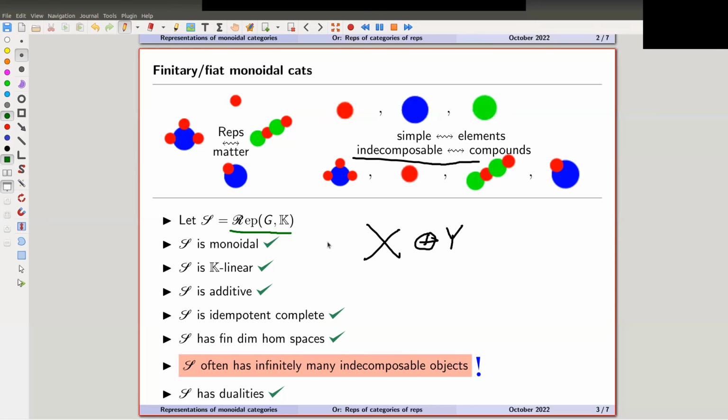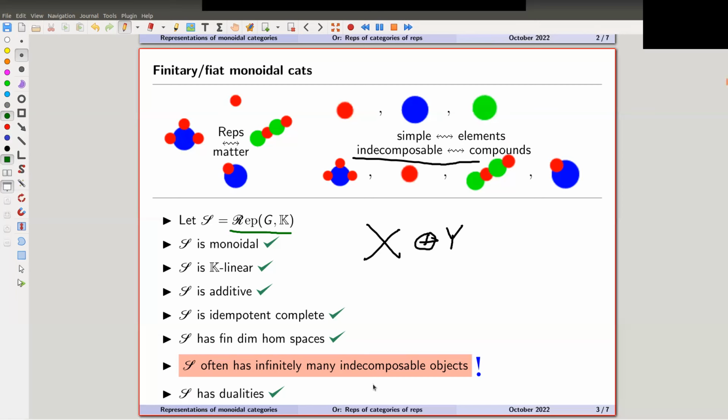It's linear. I just chose a field, right? So it's linear, it's additive, it's idempotent complete, it has finite dimensional Hom spaces, and it has all the properties I want. So it's really the standard example of the theory. In case you ever forget the list of properties I want, keep that example in mind. If you just abstractly think about it, whatever properties this example has, I will put them on my list, essentially.